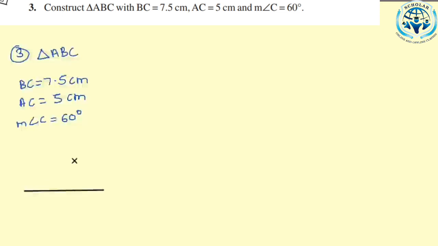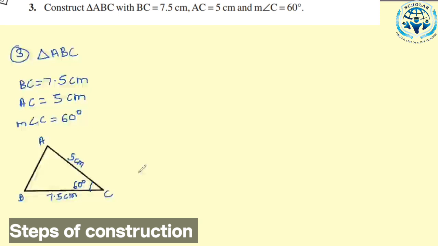This is one line BC which is equal to 7.5 centimeter. At point C, the angle is 60 degree. We use protractor to draw the angle of 60 degree in the real figure. This is the rough sketch, so I am just writing 60 degree at C. And AC is equal to 5 centimeter.